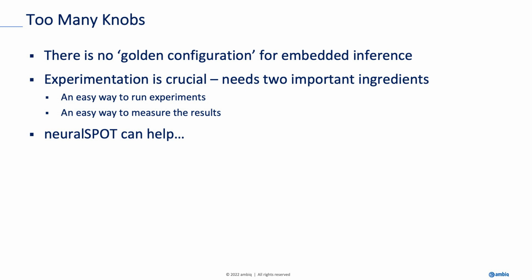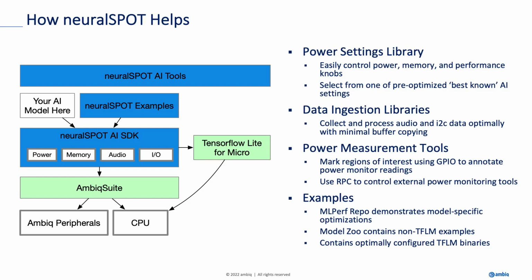So let's talk a little bit about neuralSPOT, which is our internally developed, Ambiq-specific AI SDK. First, let's talk about the block diagram. neuralSPOT is all the blue stuff. There are some tools and scripts that help you do some of the stuff that I just talked about.